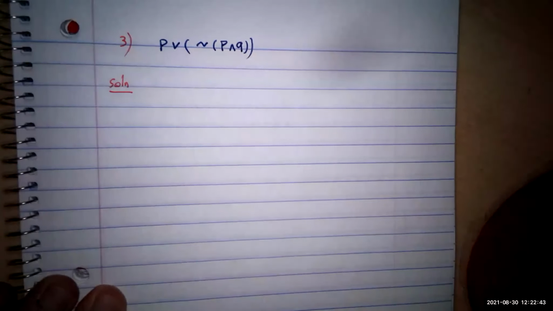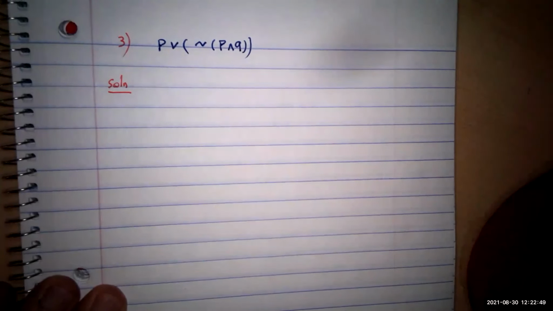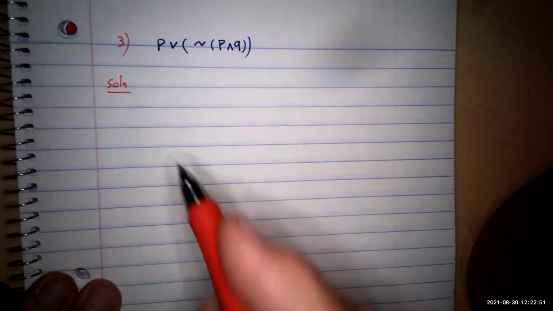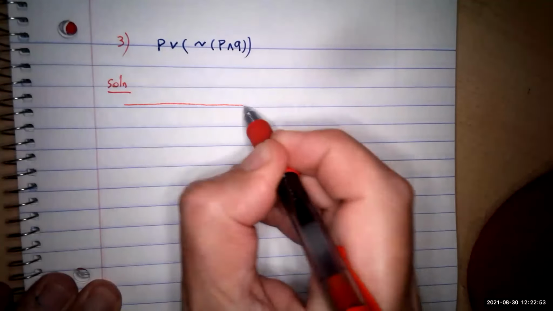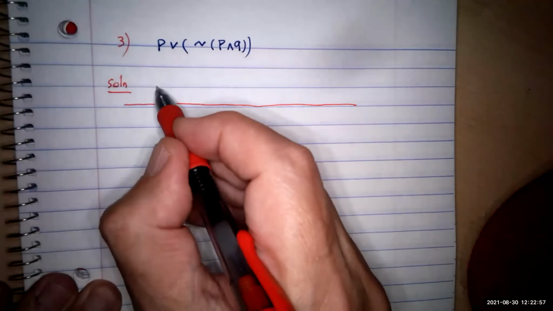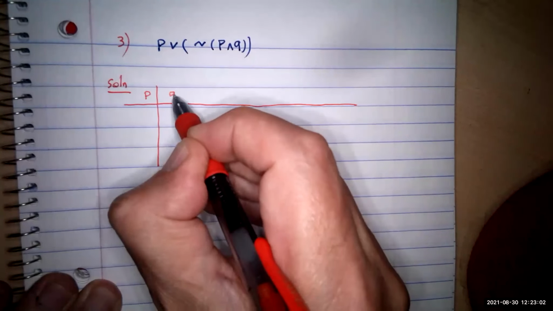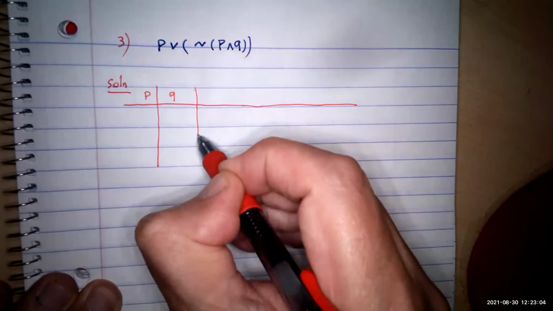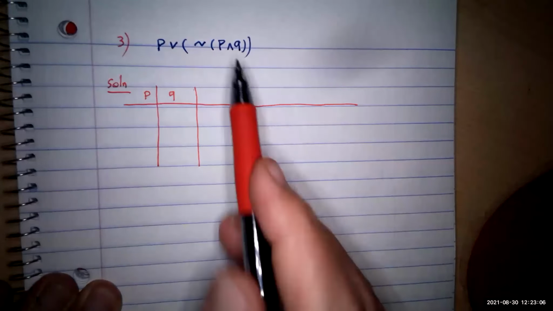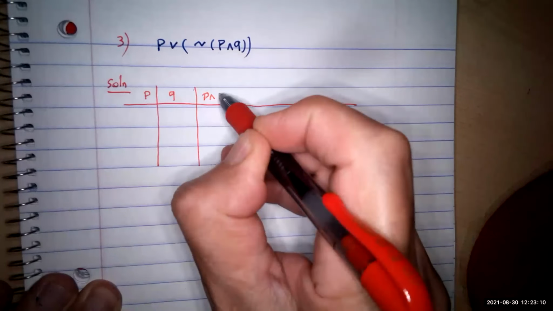You have two propositions, atomic propositions P and Q. So we have 4 possibilities to get these done. So get a nice table. Okay, so let's see what we need. So we need a P, then we need a Q, P and Q. We need a P and Q here.